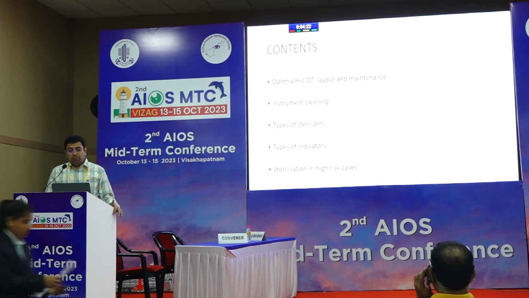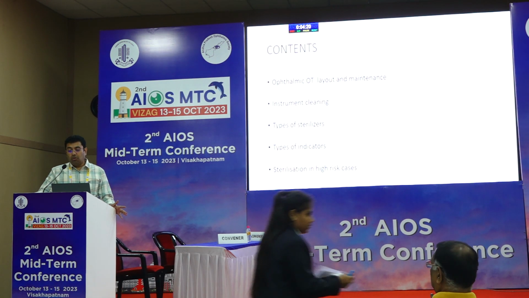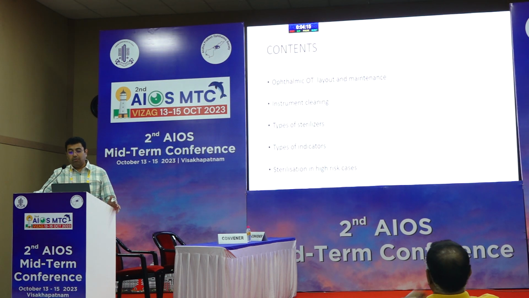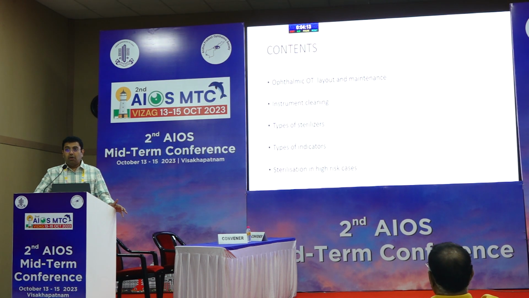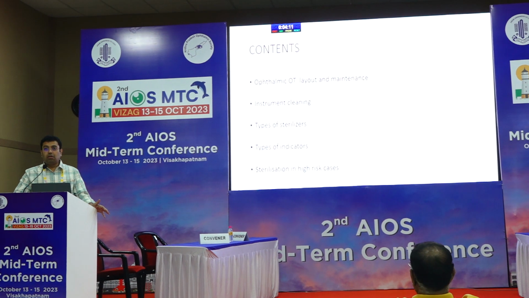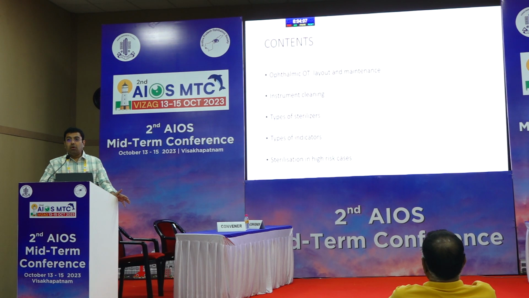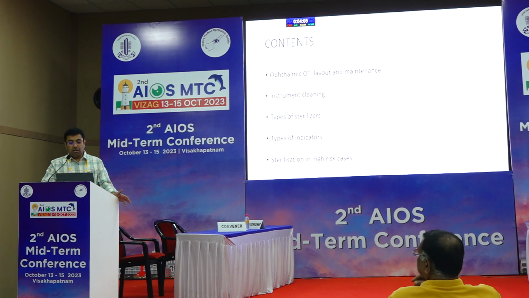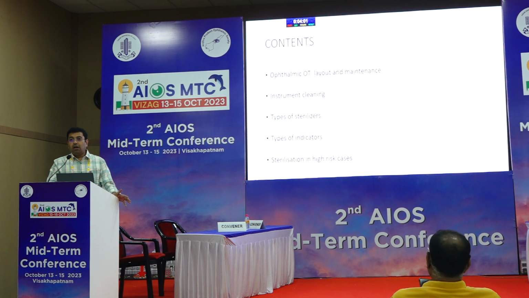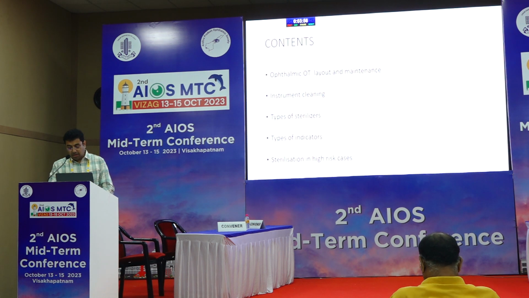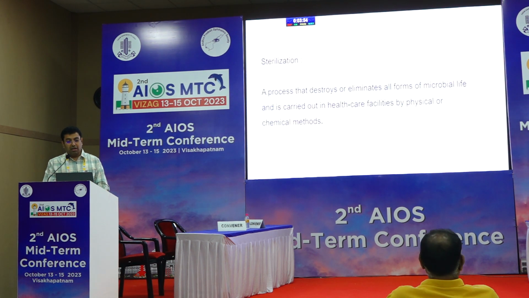So I want to briefly go through the sterilization techniques, how we do it and how you maintain your ophthalmic OT, how you clean your ophthalmic instruments, what types of sterilizers we can use in ophthalmology, how you can monitor the sterilization and the types of indicators we use, and how you sterilize if you do a high risk case like an HIV or HBsAg or any other viral infection.